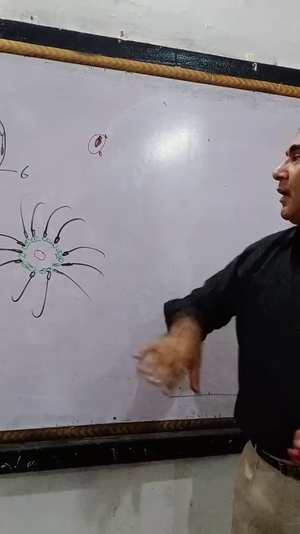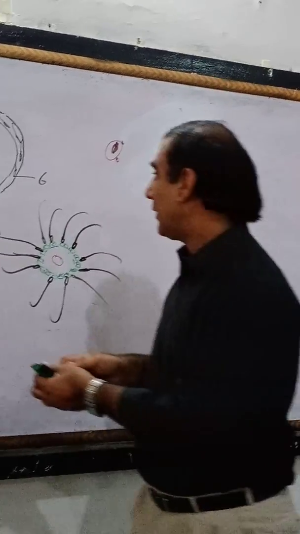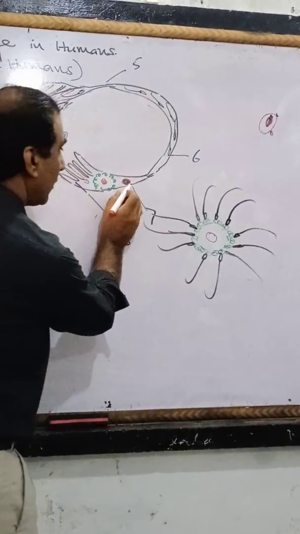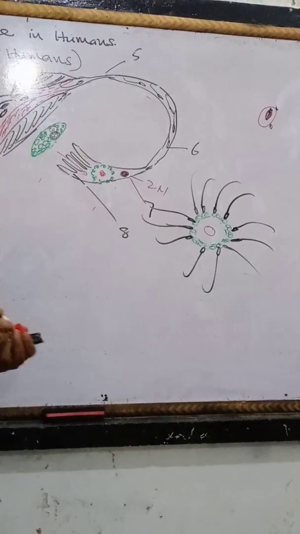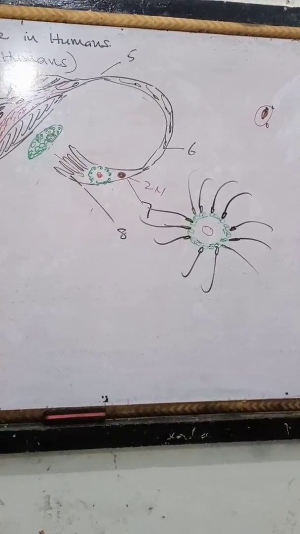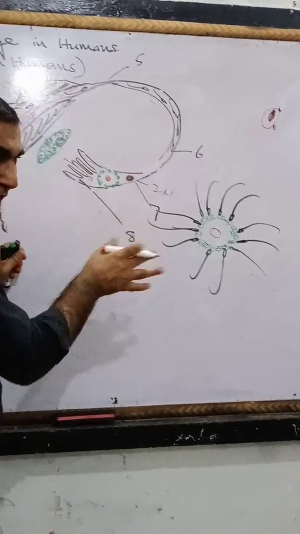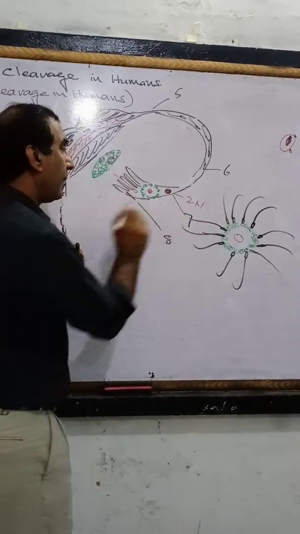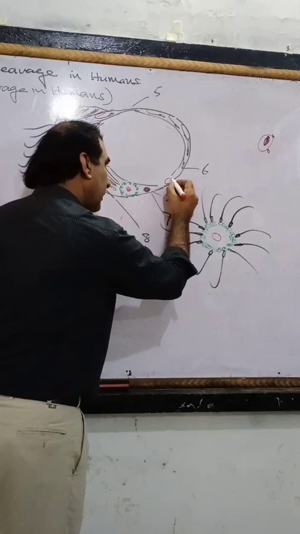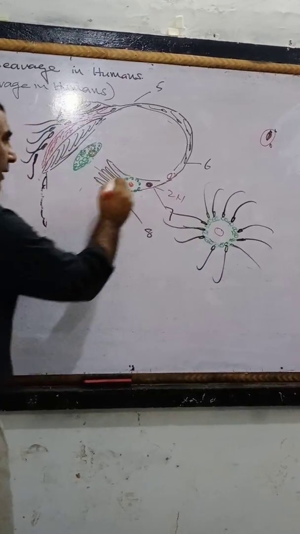Taken? And this is the zygote. We'll study later on from here. We'll resume from here that the first cleavage occurs here.